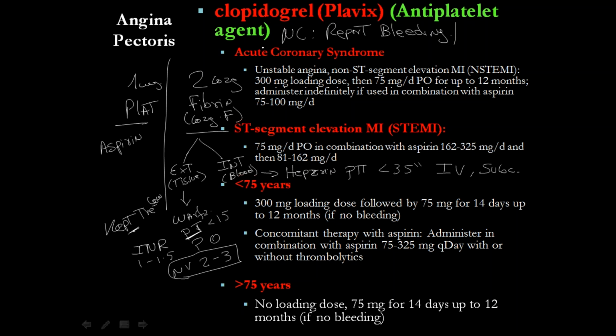Clopidogrel is an antiplatelet, similar to aspirin, right? So what you need to avoid is giving it with a PPI, proton pump inhibitors, for antacid. Why? Because that is going to decrease the effect of Plavix.